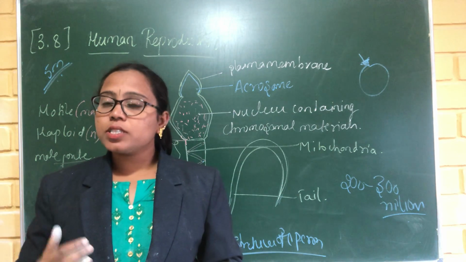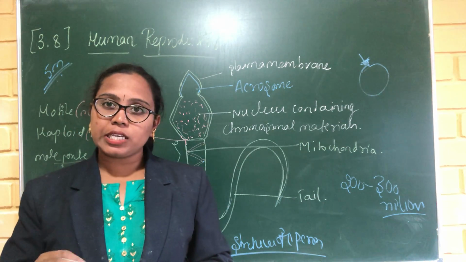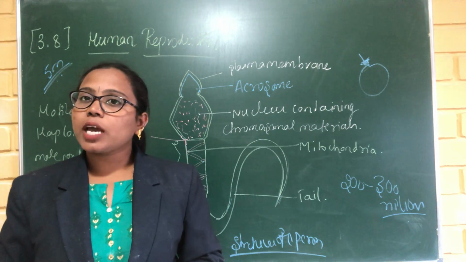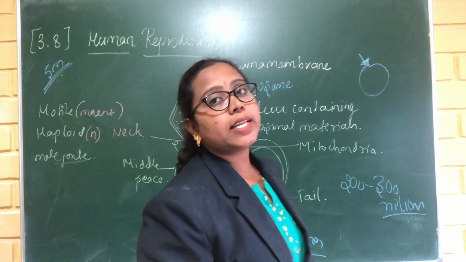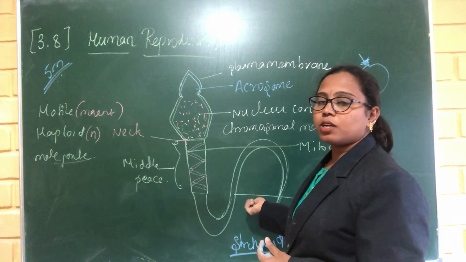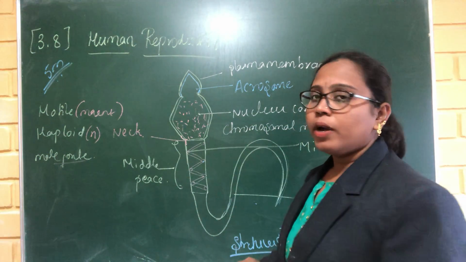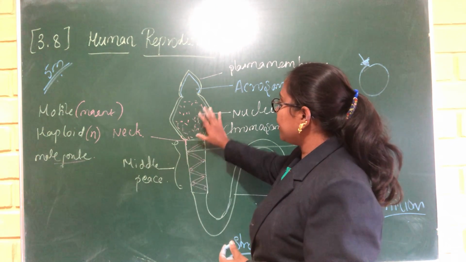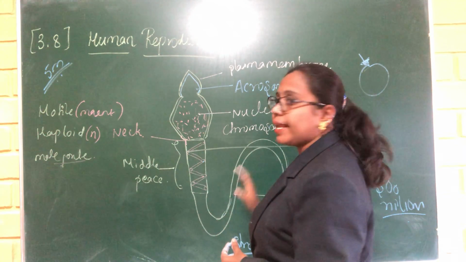What is spermatogenesis? The process of production of sperms from the seminiferous tubules of the testes is called spermatogenesis. It takes place only in males. The sperm consists of four parts: head region, neck region, middle piece region and tail region.